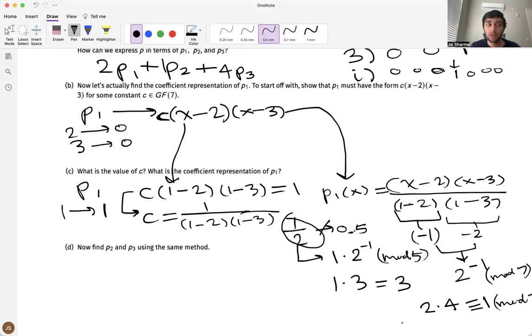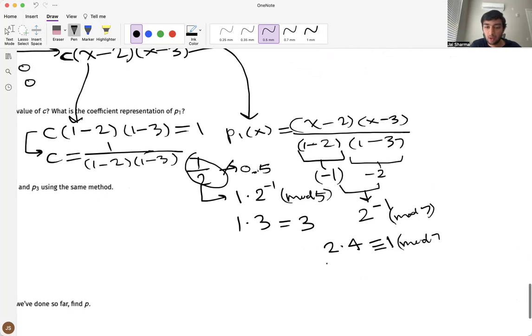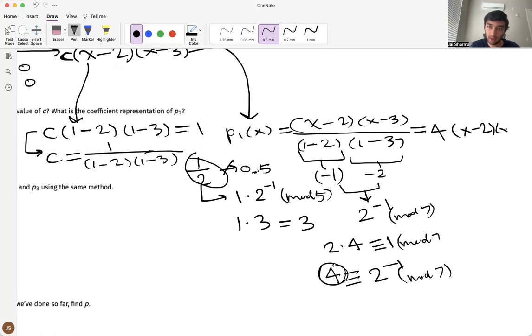So 4 is the inverse of 2 mod 7. Since 4 is the inverse of 2, because they multiply to get 1, I can write this as 4 times x minus 2 times x minus 3. And that is the final form of P1 of x.